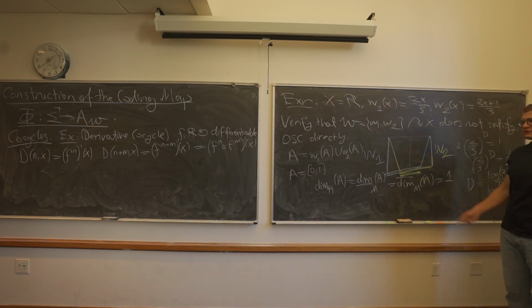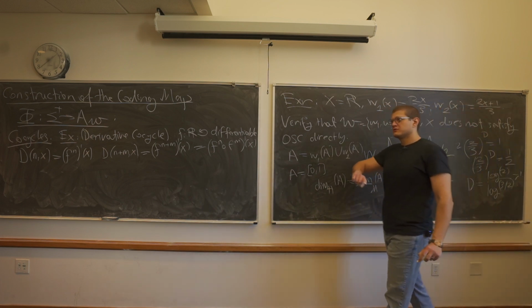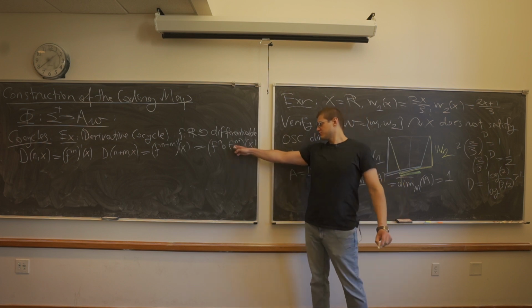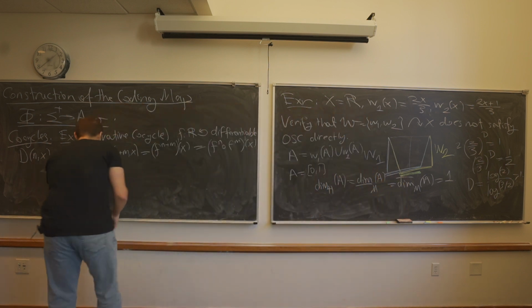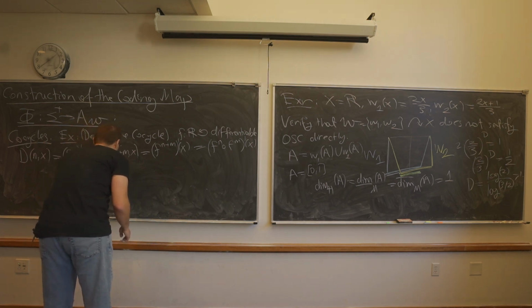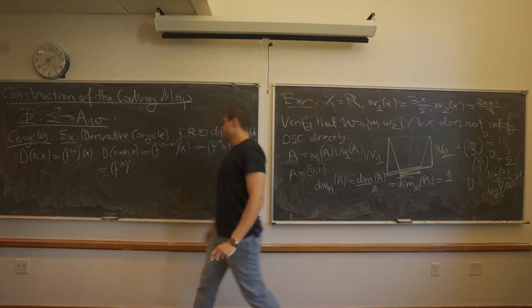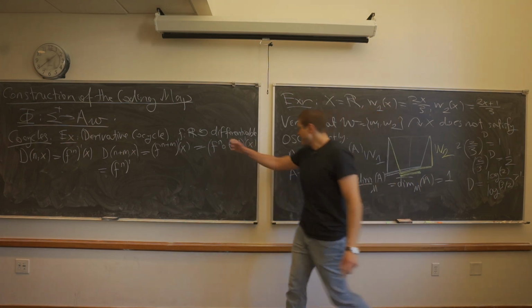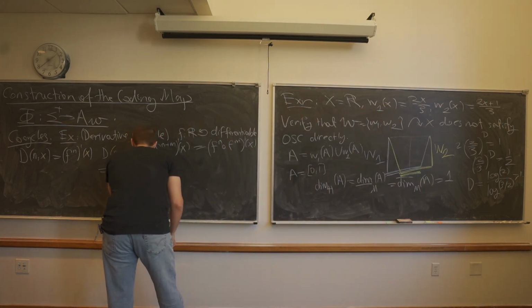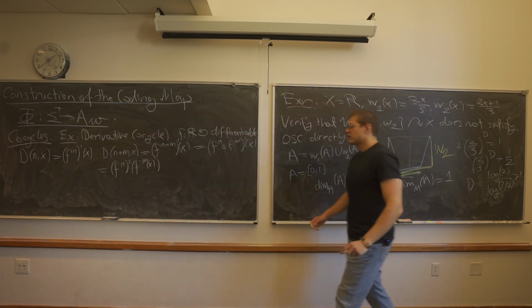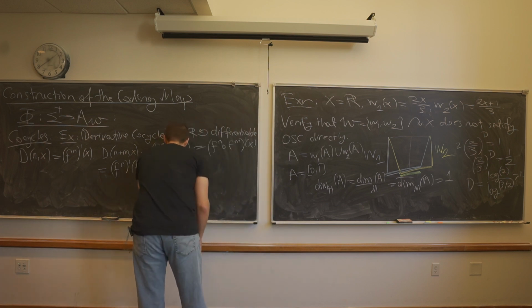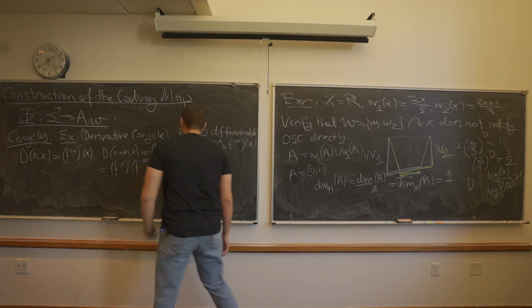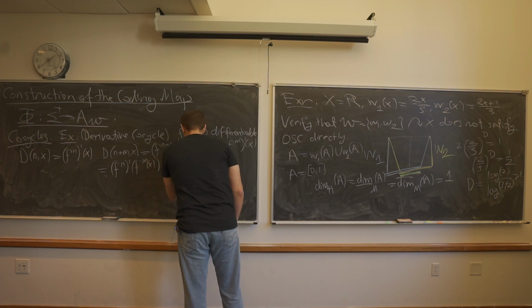Well, how do you differentiate this? The derivative of the outer one evaluated at whatever this point gives, and then times the derivative of the inner one. So this is the derivative of the nth iterate of f evaluated at f to the m of x times the derivative of the mth iterate evaluated at x.